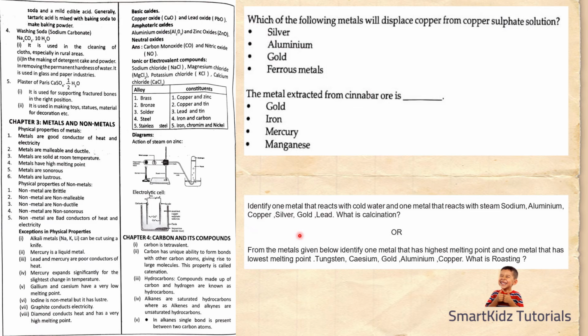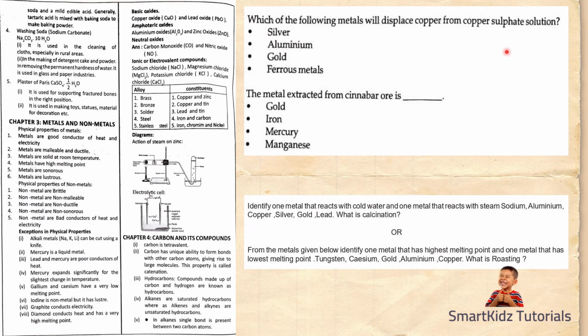Before we go further, these are some questions on metals and non-metals. See how the question has been framed. Which of the following metals will displace copper from copper sulfate? I tell you, displacement questions are very important. You may get a question of single displacement or double displacement.